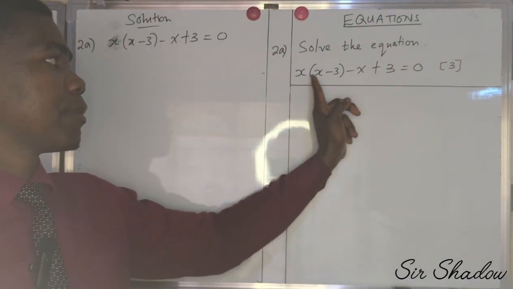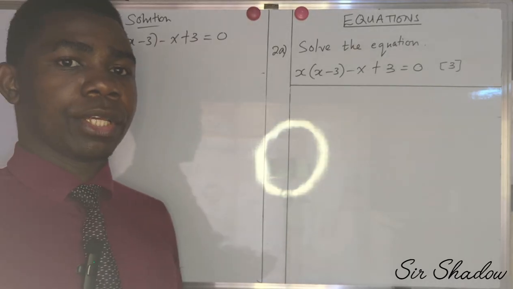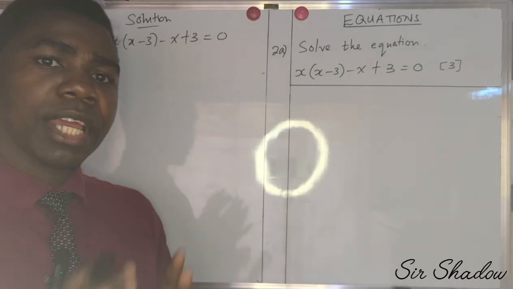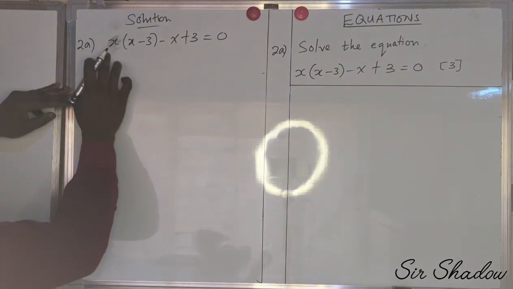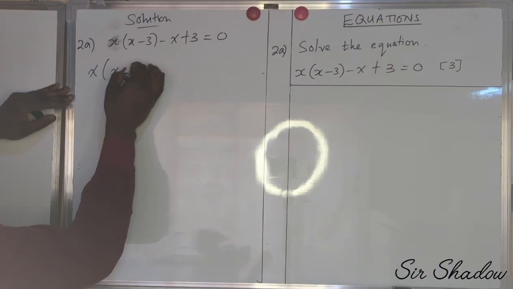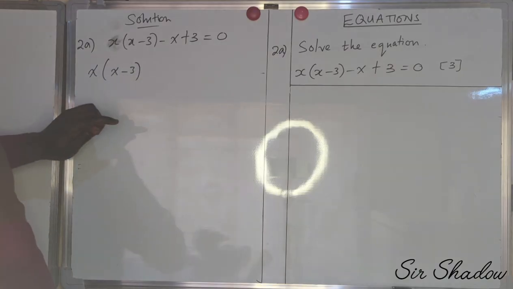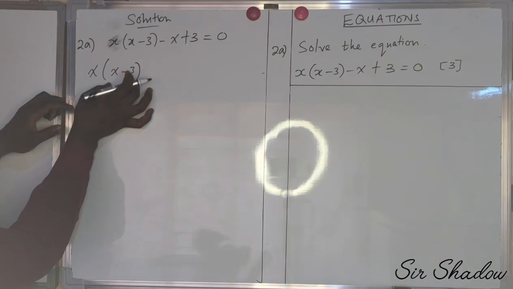I just say x times this, x times this. We are just returning back the solution. So our main aim is to move forward. Since you have x(x − 3), now we have to factorize this again so that it will be similar to this.